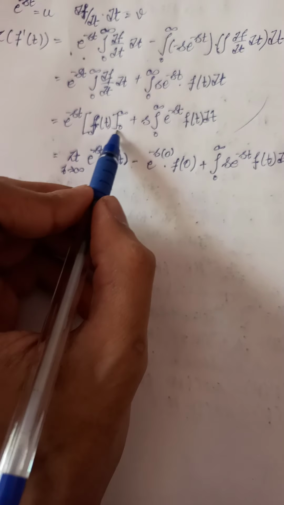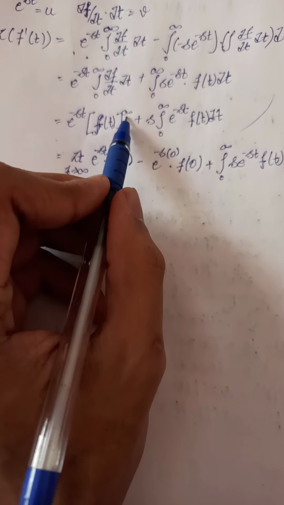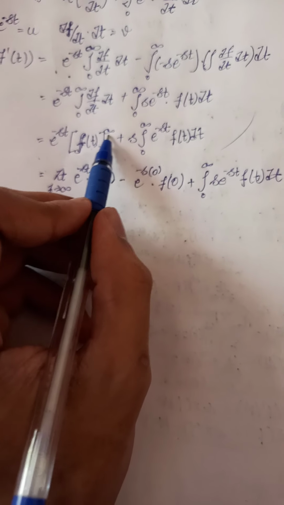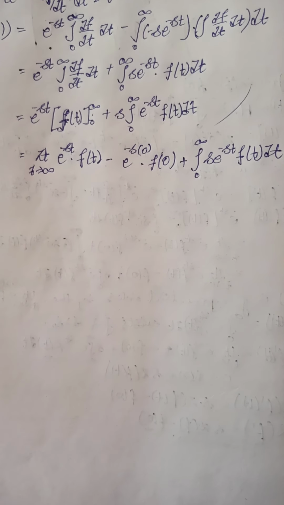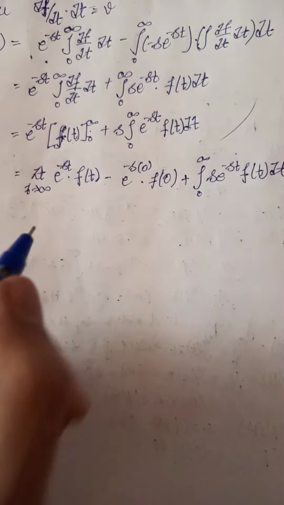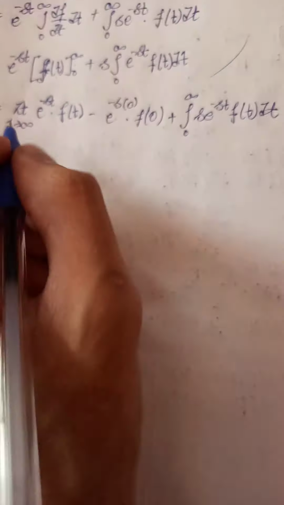We can substitute 0 directly, but we can't substitute infinity, as infinity is not defined. If you substitute 0, you know what f of 0 could be, but f of infinity can't be defined, and hence we apply the limit.